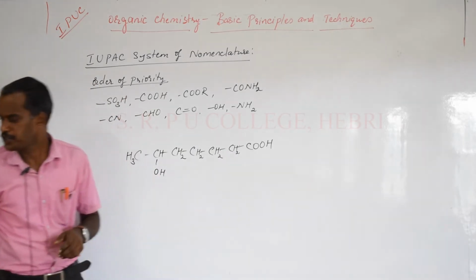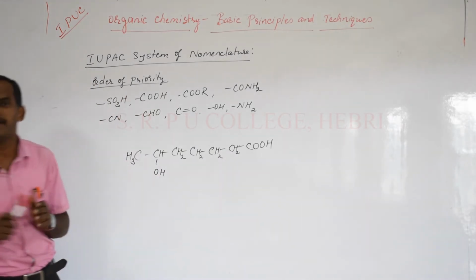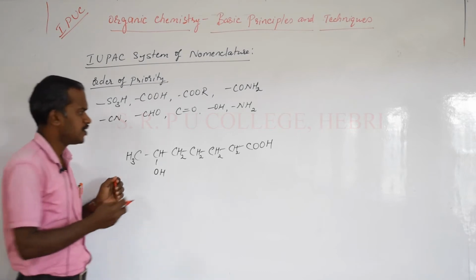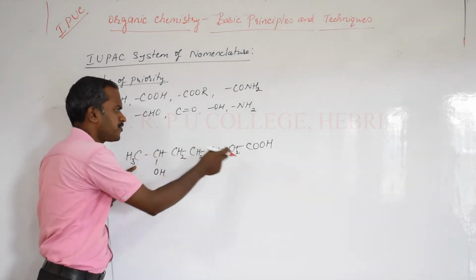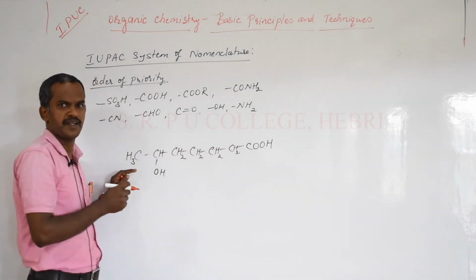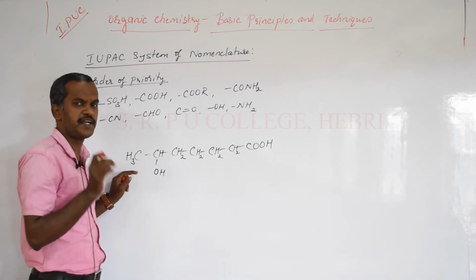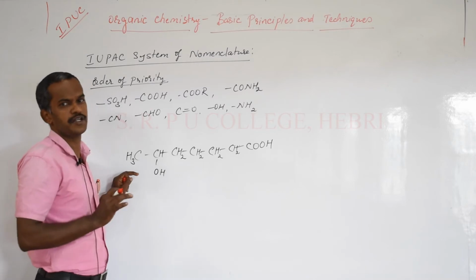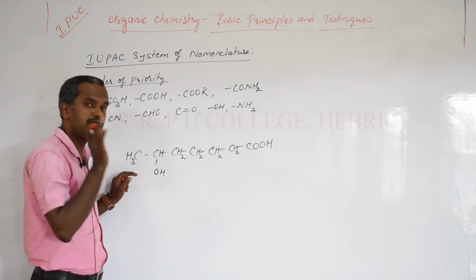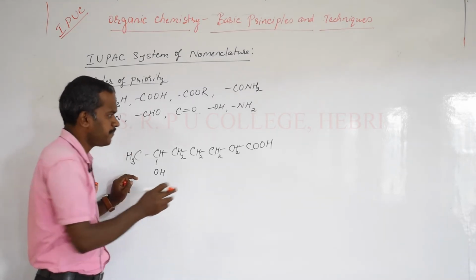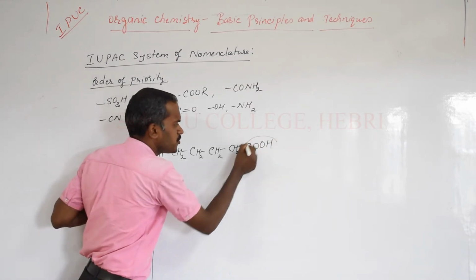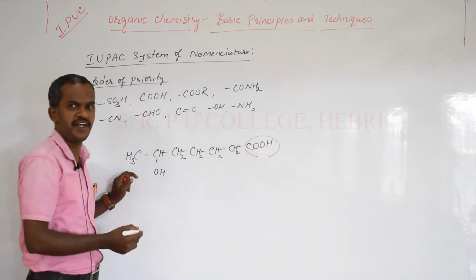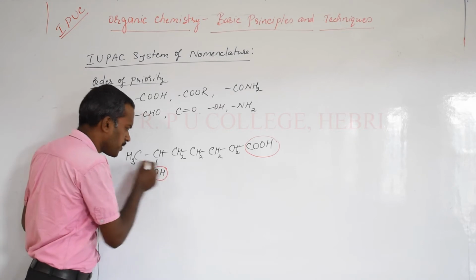Now the question you will ask, how to number this carbon chain? Whether you have to number it from left to right or right to left, the one simple rule you have to understand is that you have to number it in such a way that the lowest number is given to the functional group. Now the only confusion for all of you is that one functional group is visible here, that is a carboxylic acid, and another functional group is the OH group here.